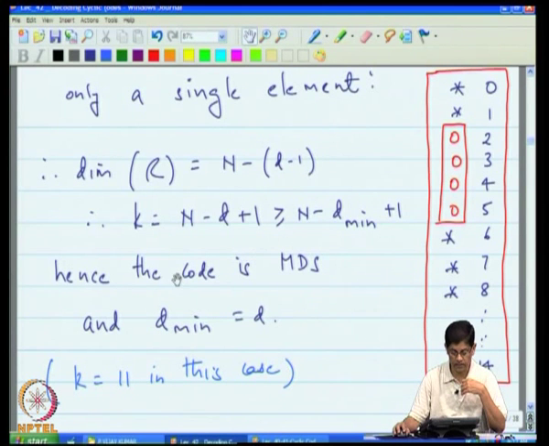of the code, because since the minimum distance in general is greater than or equal to d, this quantity is greater than or equal to n minus d min plus 1, since you are subtracting a potentially larger quantity. But remember that a code is maximum distance separable if k is equal to n minus d min plus 1.